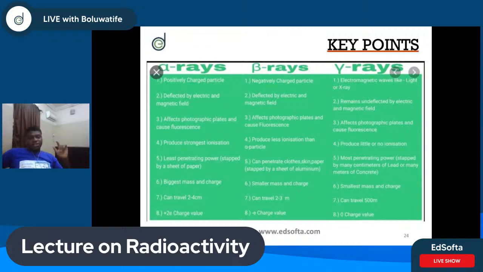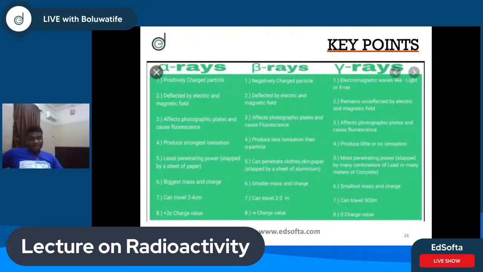The reason why ionization decreases is because alpha particles are positively charged, and in chemistry, positively charged ions have stronger ionization than negatively charged ions. Ionization is just the ability to give ions.